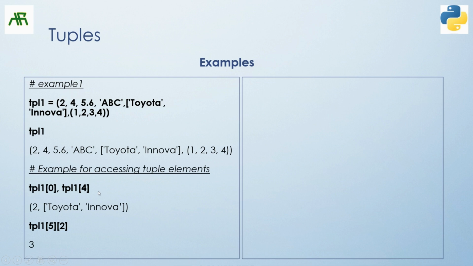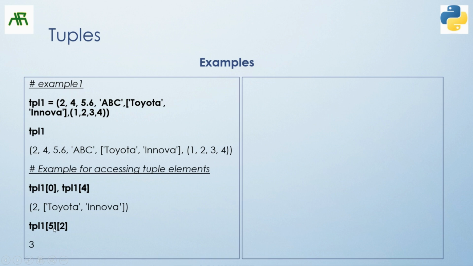I want to print an element of a tuple item. Remember we saw it's possible to have a list or a tuple itself as part of a tuple, right? So here I'm printing tuple element 5 and sub element 2. So the index is 0, 1, 2, 3, 4 and 5, which is a tuple of numbers.